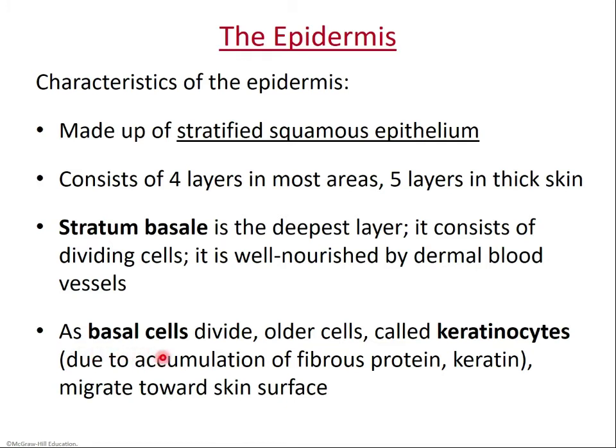As the basal cells divide, the older cells are called keratinocytes due to the accumulation of different fibrous proteins, keratins, and these move towards the top of the skin. So keratinocytes are the cells that will have certain proteins and give strength and certain characteristics to the skin cells.